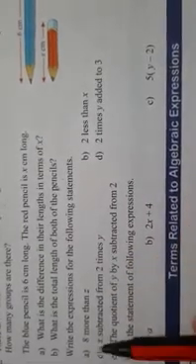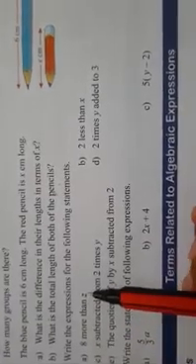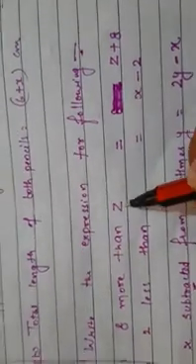See next, fourth question. Write the expression for the following statements. Now they have given 8 more than z, 2 less than x. We have to write these statements in the form of algebraic expressions. They said 8 more than z. The number given there is z, and if we add this 8, we will get 8 more than z.